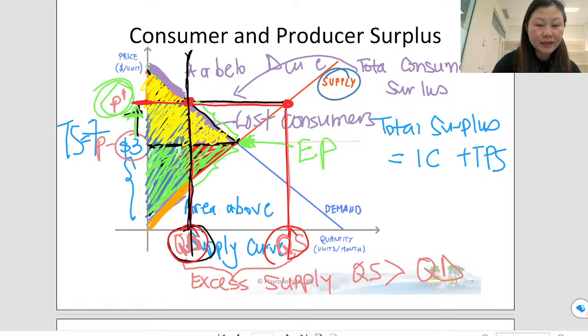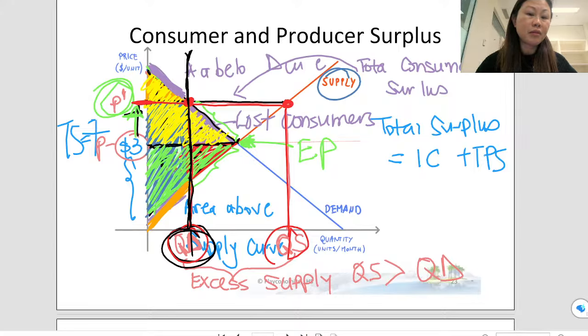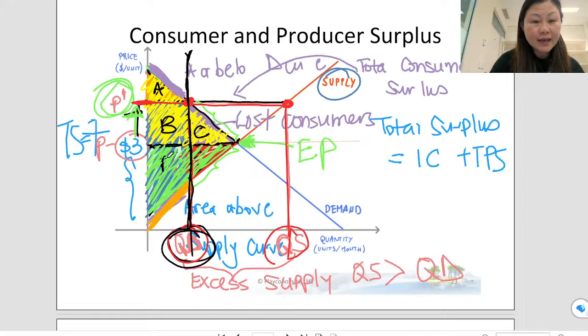We're going to take the quantity demanded, and we're going to be supplying at that point. This is the point where I start to put letters, which will be helpful for this week's content. So we're going to label this area A, B, C, D, and E.